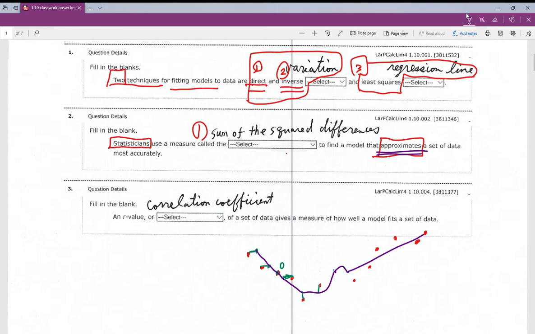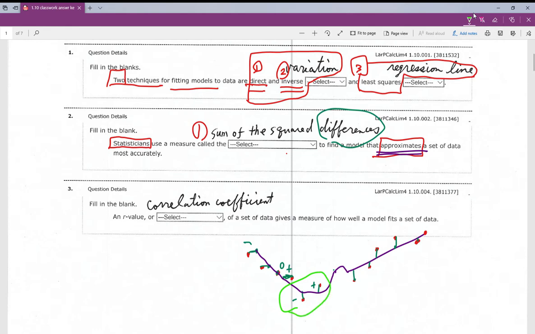For example, like that. Now you can see that the real data and the model have some big difference. The difference sometimes is negative, sometimes is positive. But no matter whether it's negative or positive, they are still a difference. So if you add all the differences together, they may cancel out.